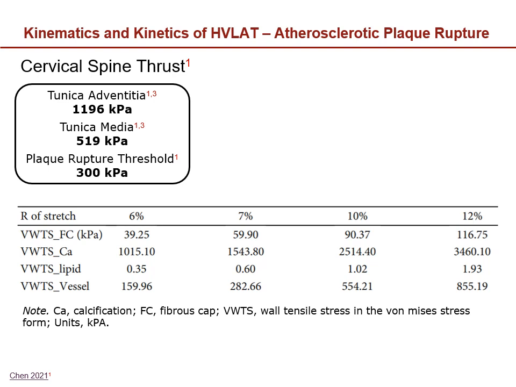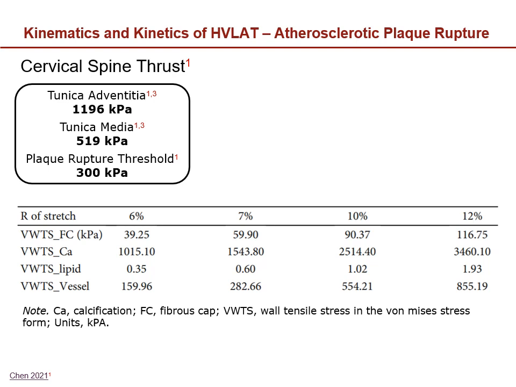okay, and then in the table shown here in the first column, you have the stretch on the different structures, so the fibrous capsule, the calcification, the lipid, as well as the vessel underlying the plaque. And then in the subsequent columns, you have the stretch on the vessel at 6, 7, 10, and 12%. And then the kilopascal values that are applied with each of these amounts of stretch to the vessel.